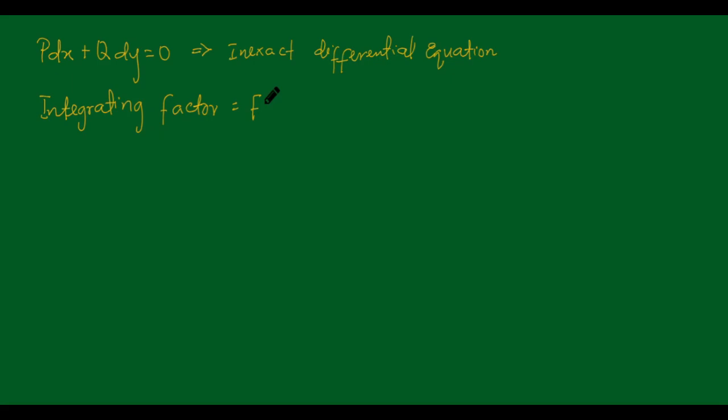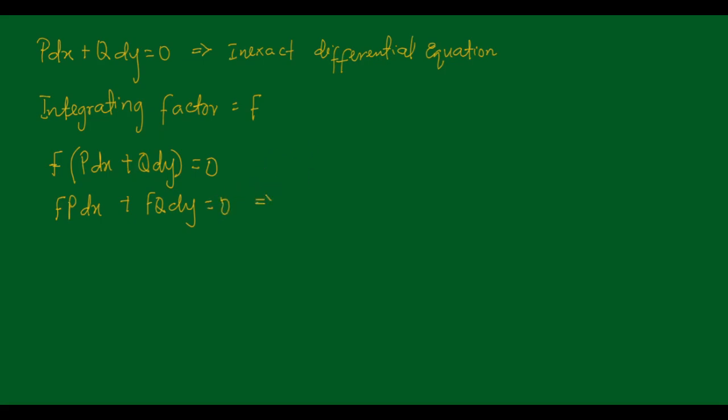So we can show this mathematically by saying f multiplied by p dx plus q dy is equal to 0. And this is the exact differential equation, or we can simplify it further to give us fp dx plus fq dy to be equal to 0.